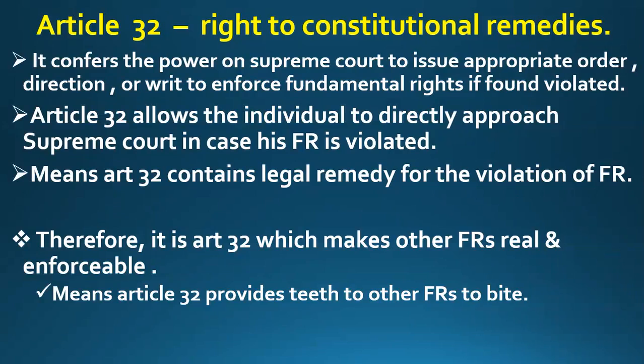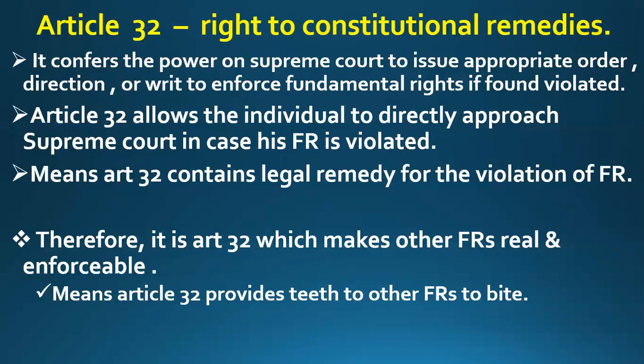Article 32 actually contains the medicine for the violation of fundamental rights. Therefore, it is Article 32 which makes other fundamental rights real and enforceable. Okay, so what does it mean? It means that Article 32 gives power to all other fundamental rights.